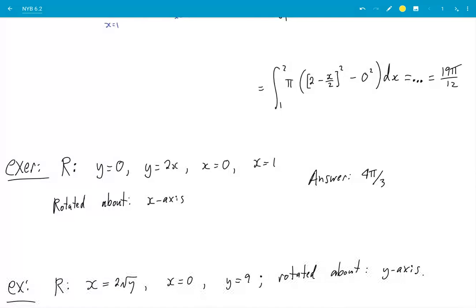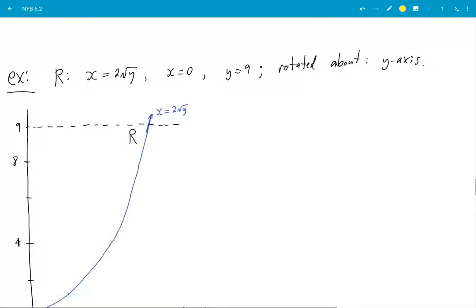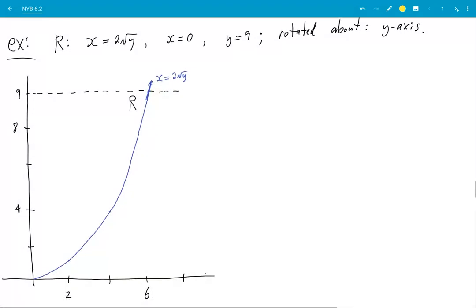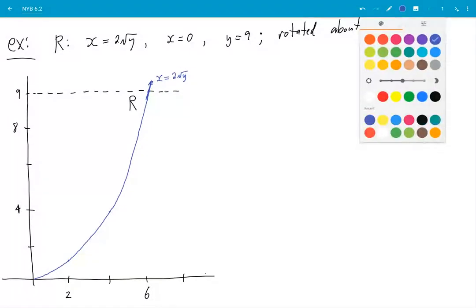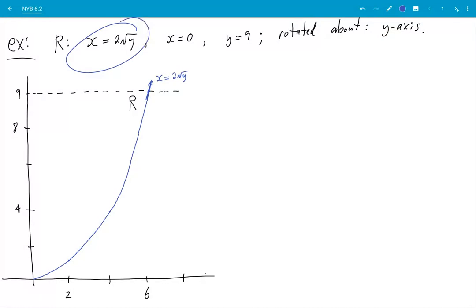Okay, an example where we're rotating about a different axis, the y-axis now. My region R is bounded by 3 curves. Let's have a look. This equation is a bit familiar.